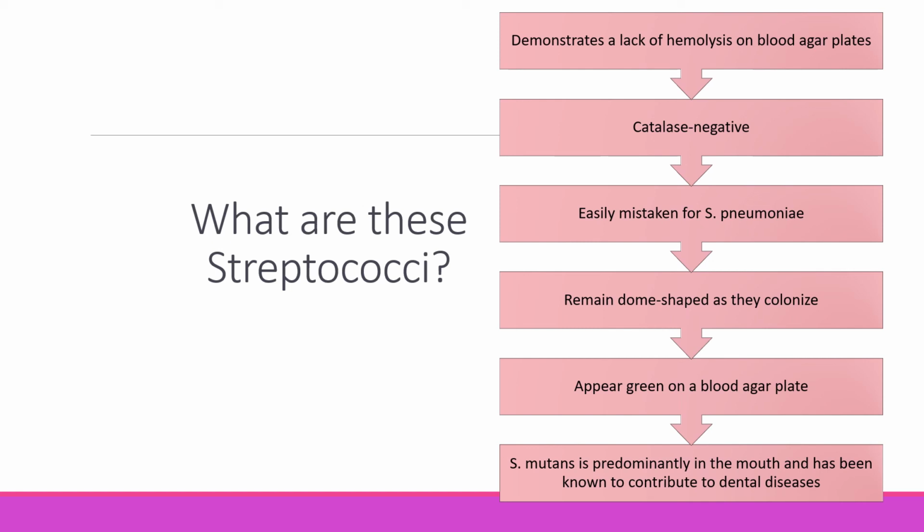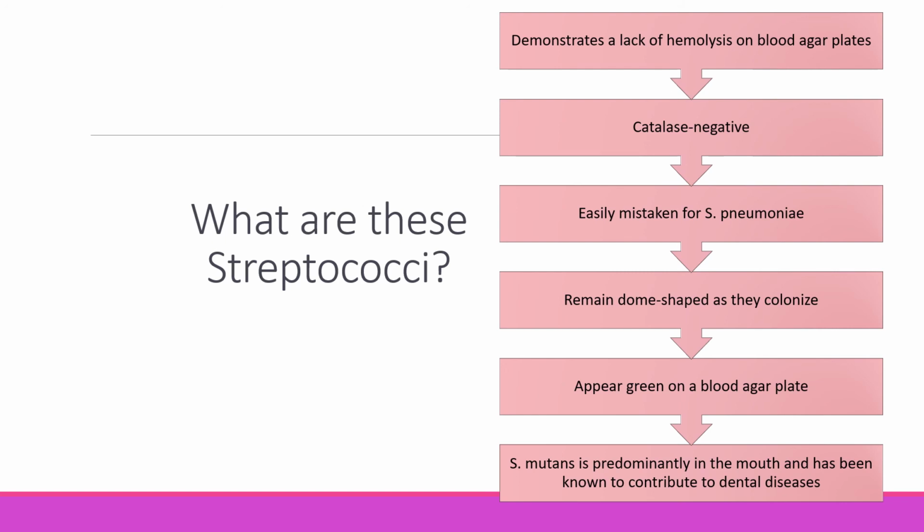There are 6 major species that are included in this group, and they are S. mutans, S. salivarius, S. anginosus, S. mitis, S. sanguinis, and S. bovis.